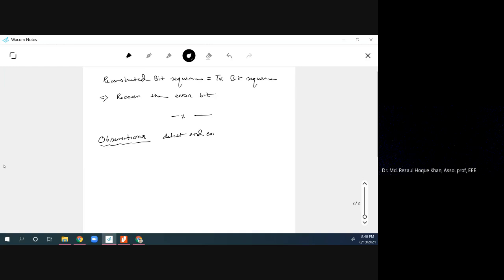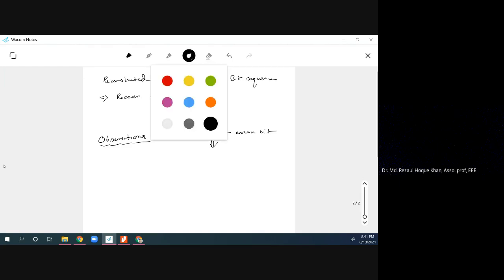Detect and correct error bit, by how? By adding redundancy.